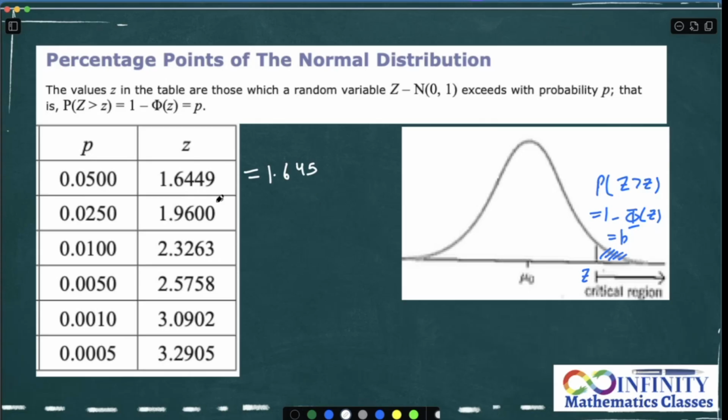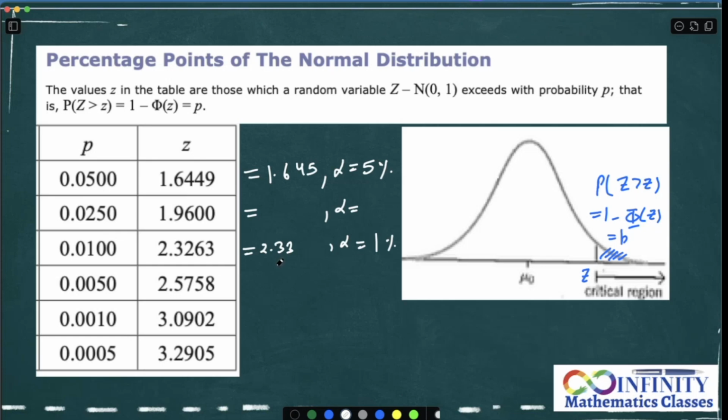Here P stands for 0.05, that is alpha equals 5% level, which is given to you. The next one is alpha equals 1% level of significance. The value is 2.33, or more precisely 2.3263, which you can use. It is up to you. So these are the values of Z alpha given to you.